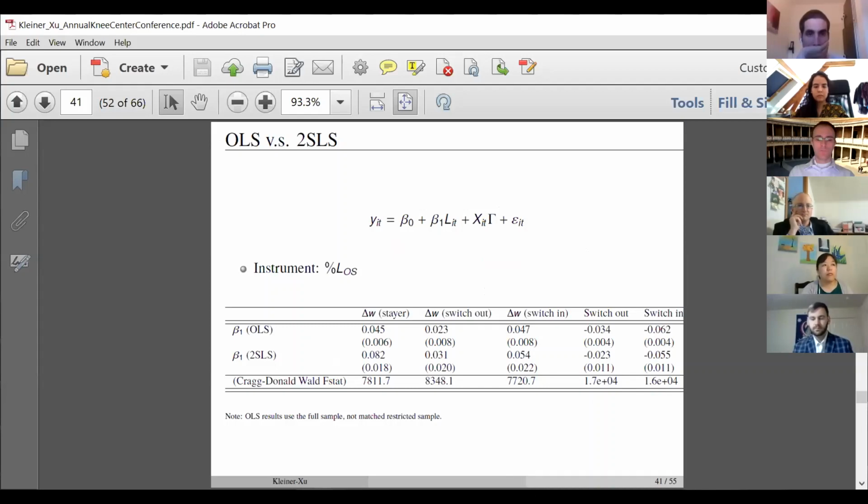We used as our instrument the percent of the people in the occupation who are licensed, relative to whether the individual was licensed. These are OLS versus two-stage least squares results, when we instrumented whether the individual was licensed by how many people in the occupation were licensed as our IV.